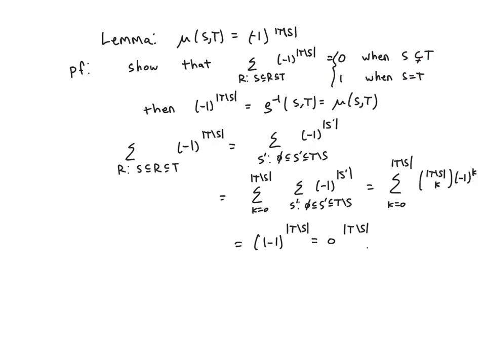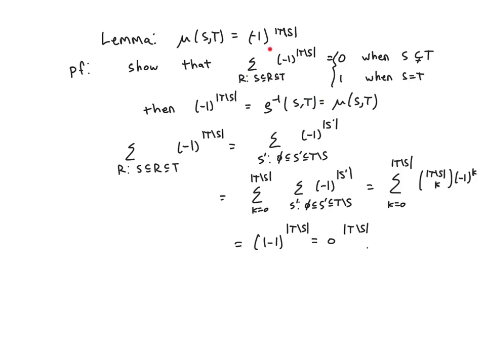So we see, based on our evidence, that we expect the Möbius function to be alternating in sign with absolute value 1. And so one way to prove this is to use induction and show that this function satisfies the same recurrence relation as the Möbius function.